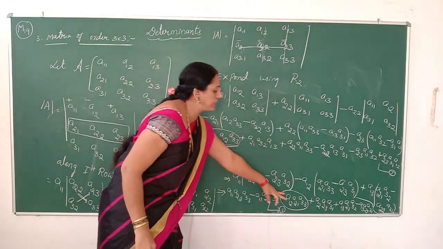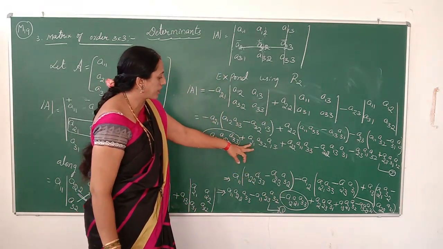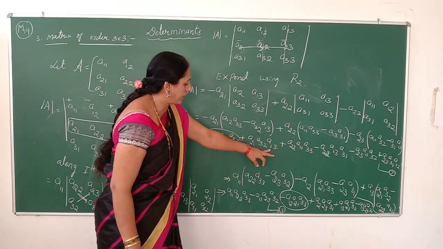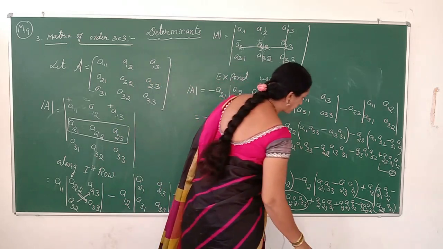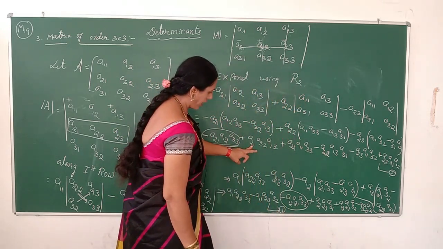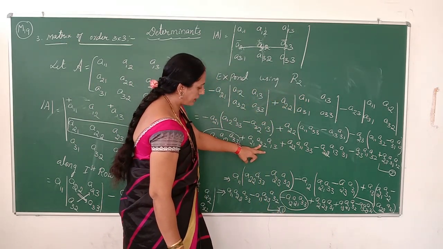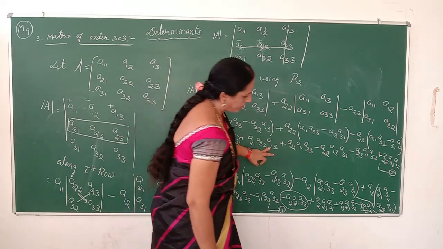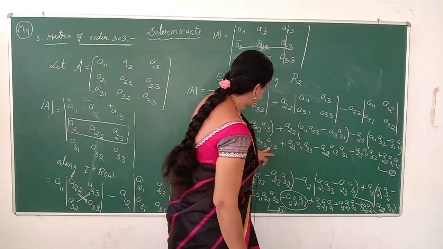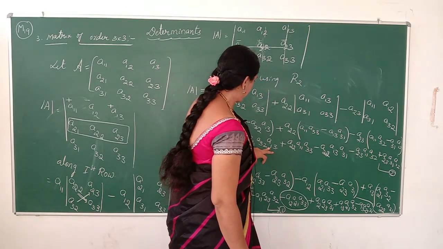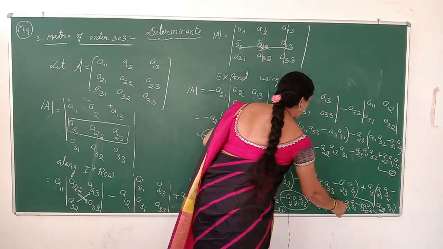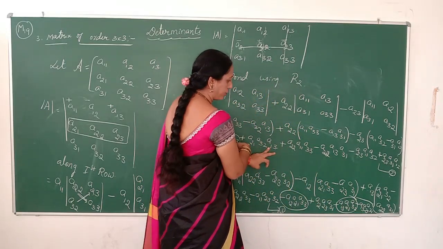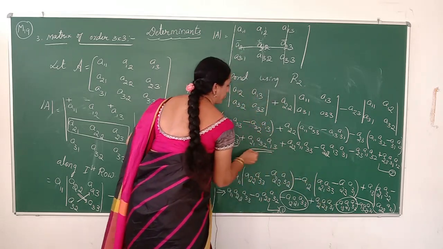So the first elements are equal. Similarly, the next element, A21, A32, A13, and A13, A21, A32, are equal to each other.